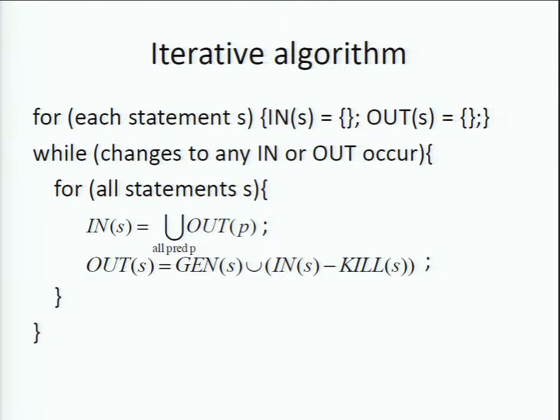Then we see whether there is any change to the in or out sets. If there is a change, then we again do the same thing for all the statements. We keep on doing this until there are no changes to in and out, which means that the in and out values stabilize, and those in and out values will be a solution to the set of data flow equations.